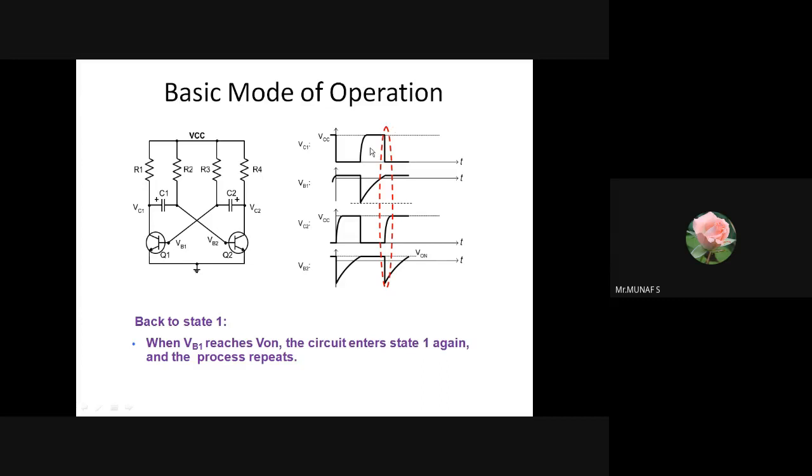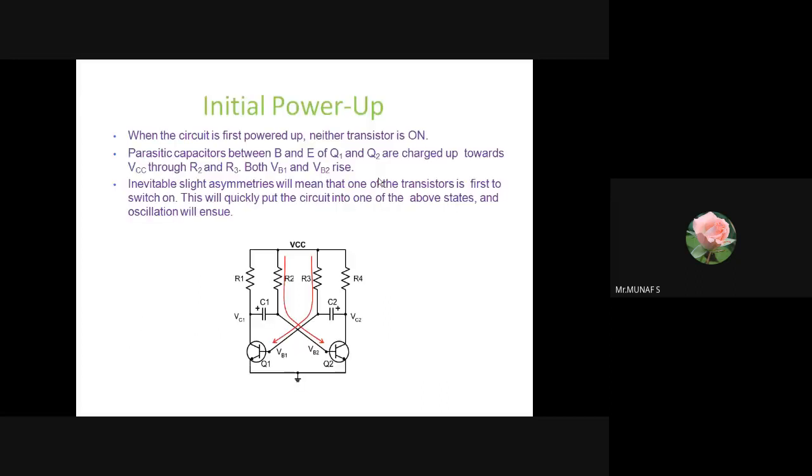So this process goes on repeatedly, so this particular oscillator does not require any external trigger pulse to generate a square wave. Okay. This is the working principle of an astable multivibrator, also known as a free running multivibrator.